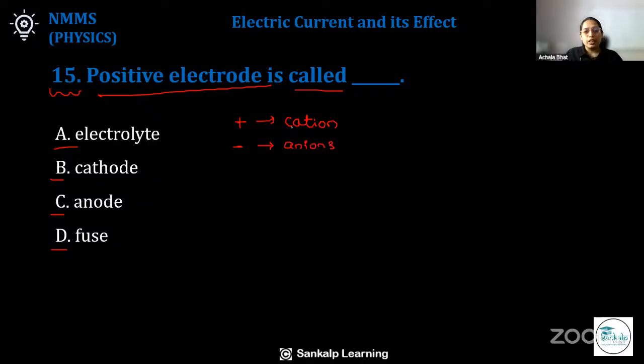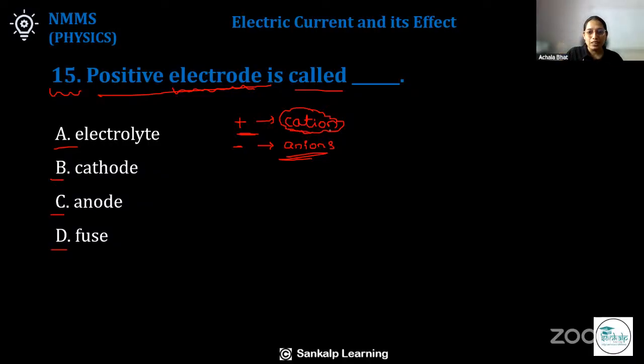Now, the electrode which attracts cation is called cathode. Electrode which attracts anions is called anode. To attract cation, which means to attract positive charge, that electrode should have negative charges on it.